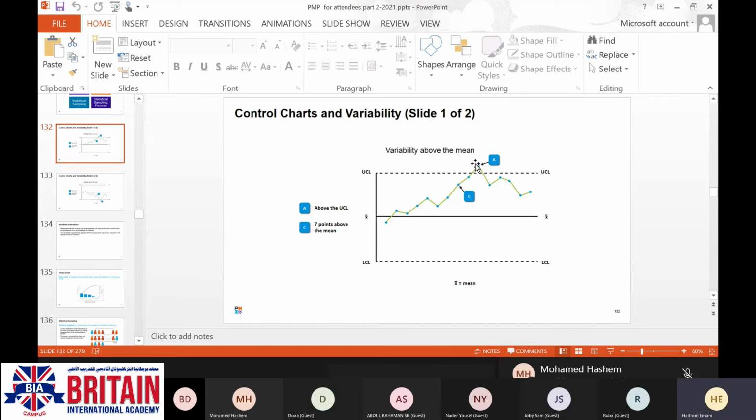If you have 1 point above the upper control limit or below the lower control limit, then your process is out of control.